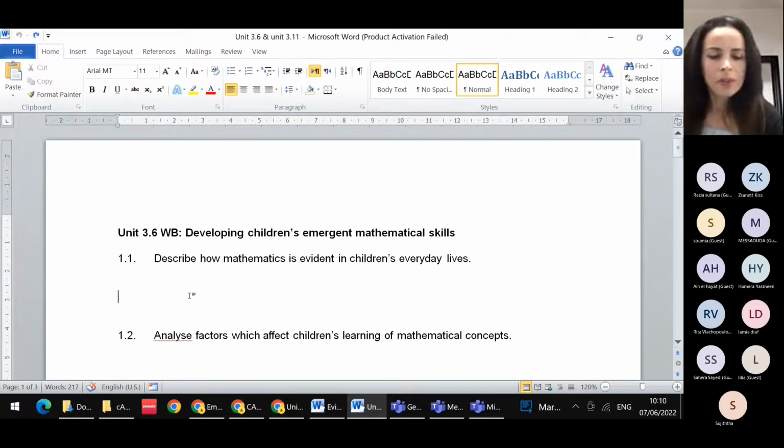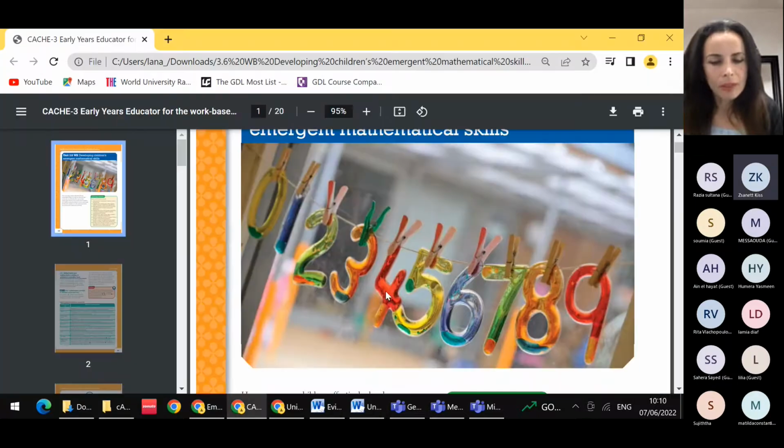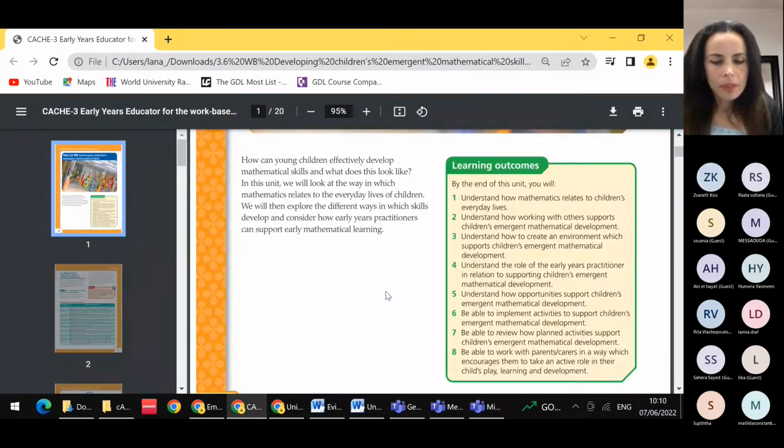So the question says, describe how mathematics is evident in children's everyday lives. So how we use mathematics in everyday life. Let me enlarge it.